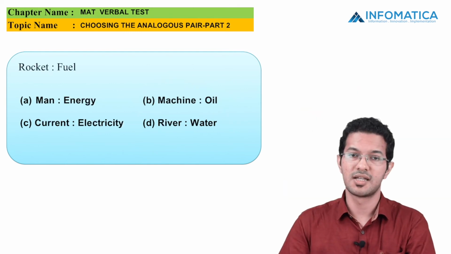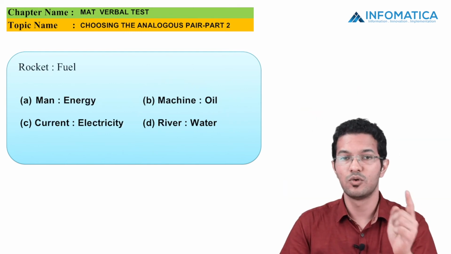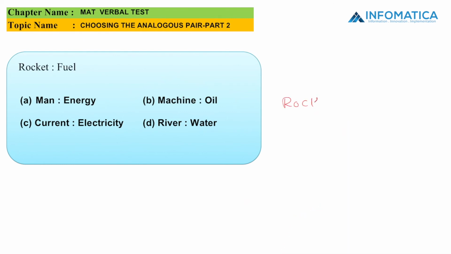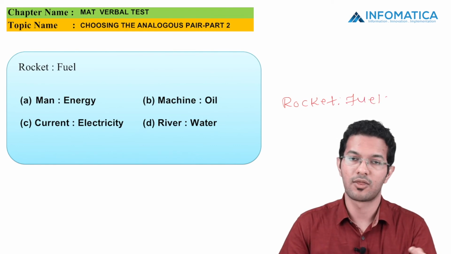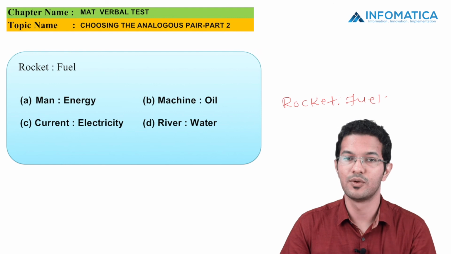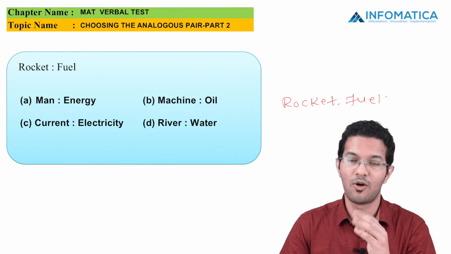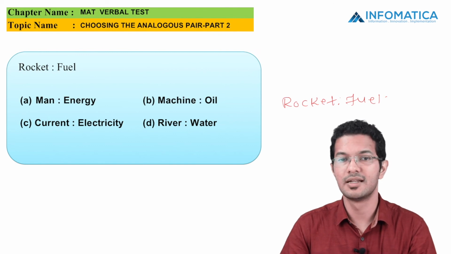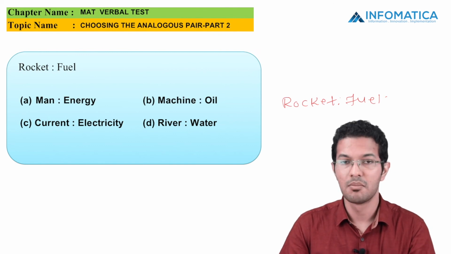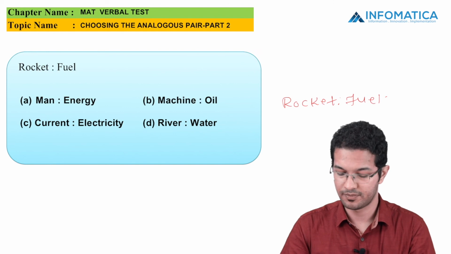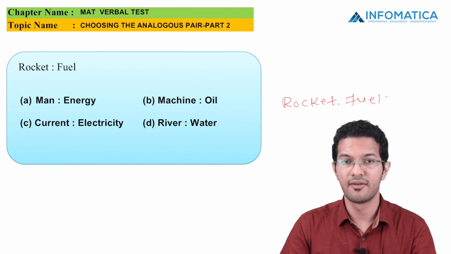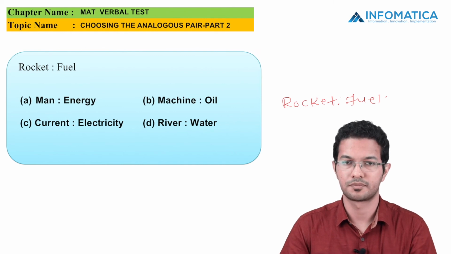The next question says that rocket is related to fuel. First thing, let us see the relation. If I need to propel the rocket in air, I need fuel. So let us see the options. The first option says that man is related to energy, machine is related to oil, current is related to electricity, and river is related to water.